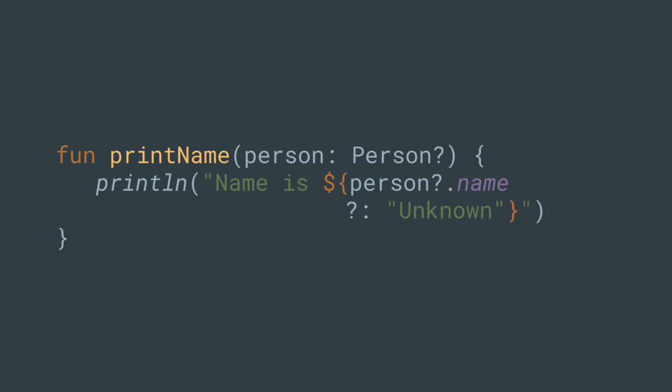If person is not null, or if name is not null, because if name is null as well, it also falls on this clause. If either of those are null, it gives you unknown. Otherwise, it just gives you the value you want. This is cool for more easily dealing with nulls and providing default values for your variables.